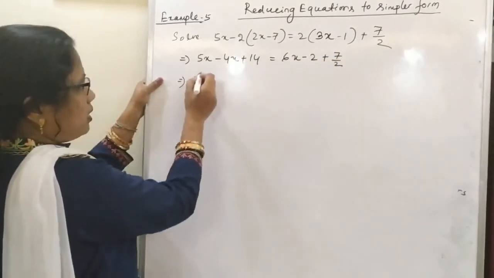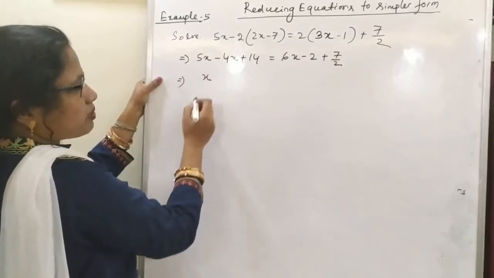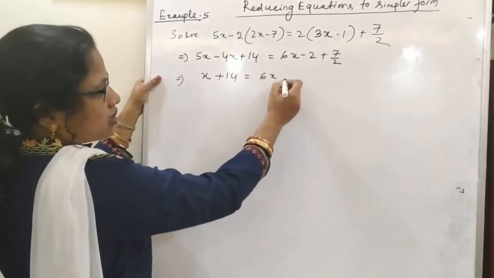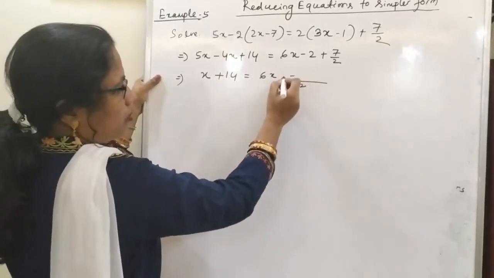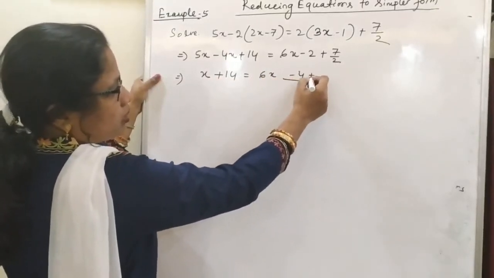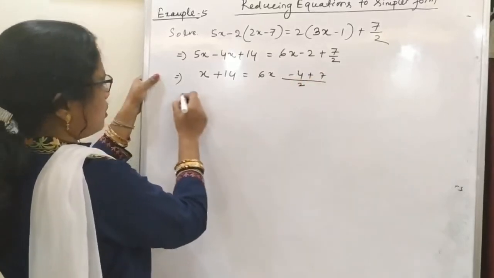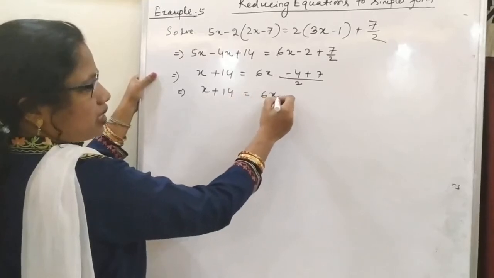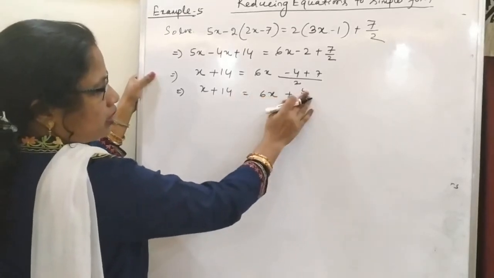So this implies 5x minus 4x plus 14 is equal to 6x minus 4 plus 7 by 2. So this becomes x plus 14 is equal to 6x plus 3 by 2.